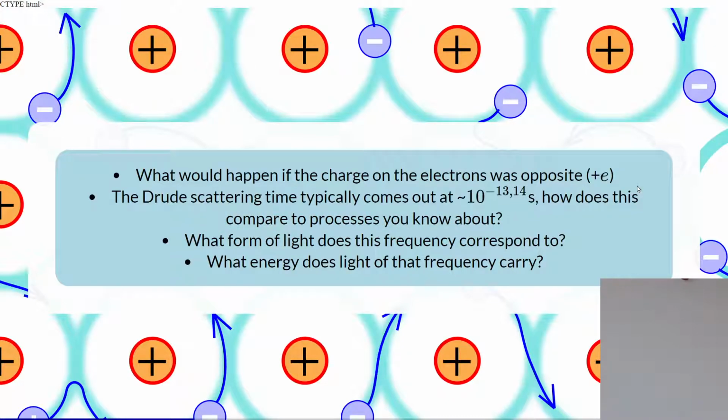If we carry out these measurements on some material that is well behaved and doesn't lead to any complications, then we get that the scattering time, this tau, comes out about 10 to the minus 13 or 14 seconds.